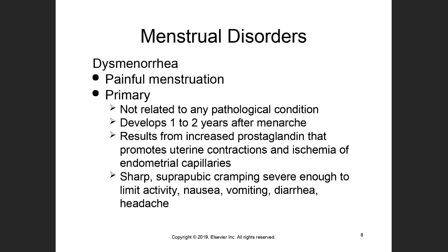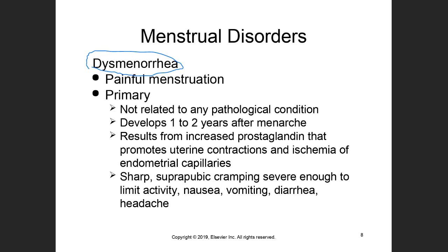Dysmenorrhea means pain with menstruation, okay? One of the most common causes of dysmenorrhea is, oh my god, I forget the name of that disease. Endometriosis. Okay, that's one of the most common causes of dysmenorrhea. We have primary, not related to any pathologic condition, developing 1 to 2 years after menarche, resulting from increased prostaglandin that promotes uterine contraction and ischemia of the endometrial capillaries.